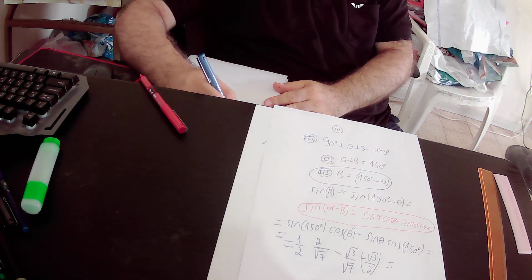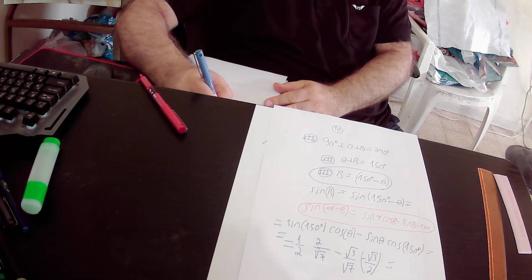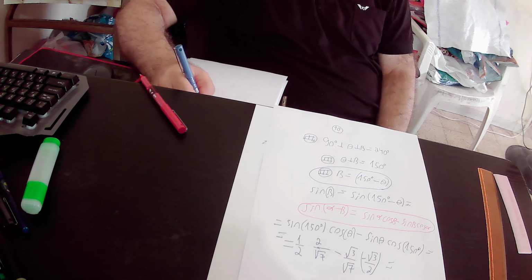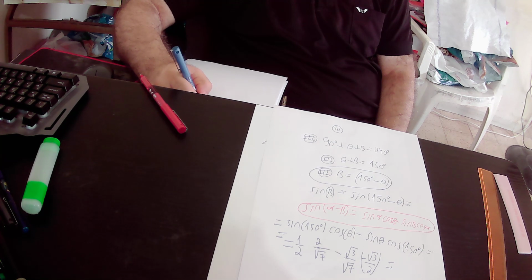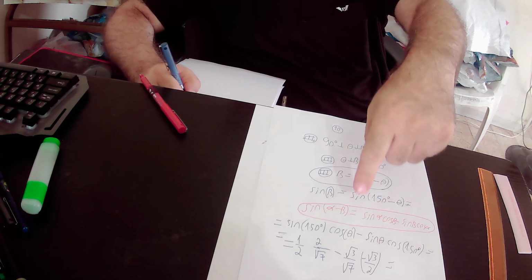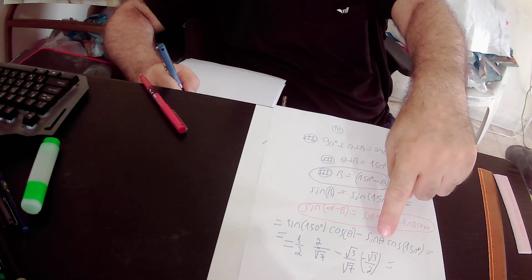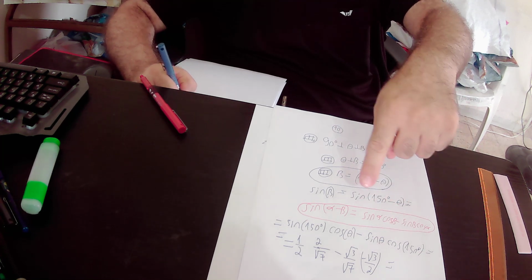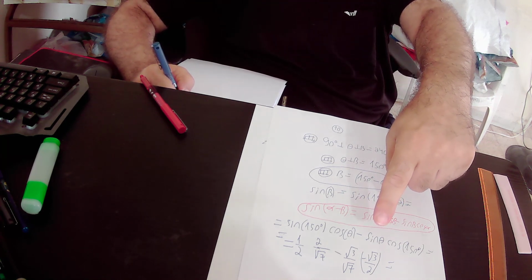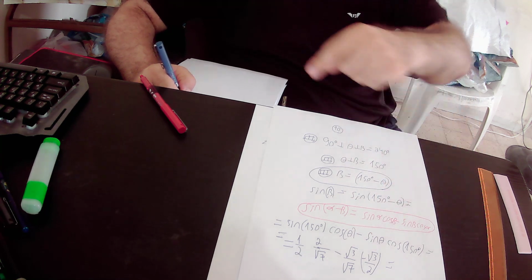So we can write down that sinus beta equals to 1 over 2, 2 over root of 7, and minus times minus is plus, so we have here plus, and root of 3 times root of 3 is 3, over 2 times root 7.